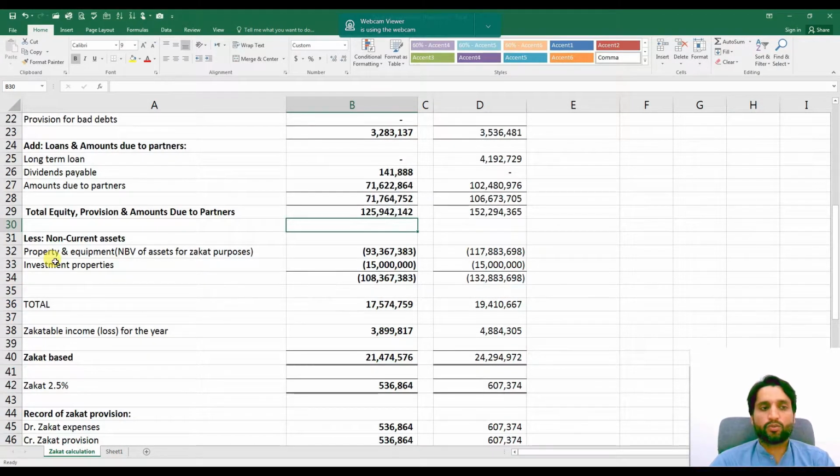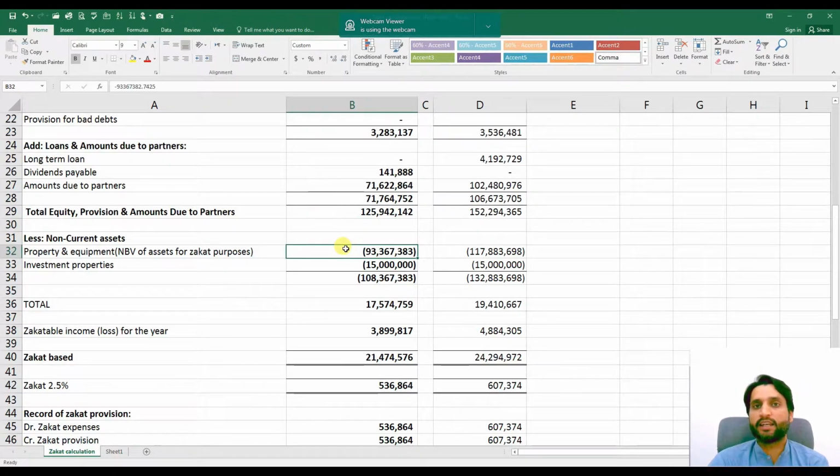Now we need to minus non-current assets. Non-current assets are our fixed assets. So property and equipment's net book value of assets for zakat purpose. Net book value is that value which comes after deduction of accumulated depreciation.